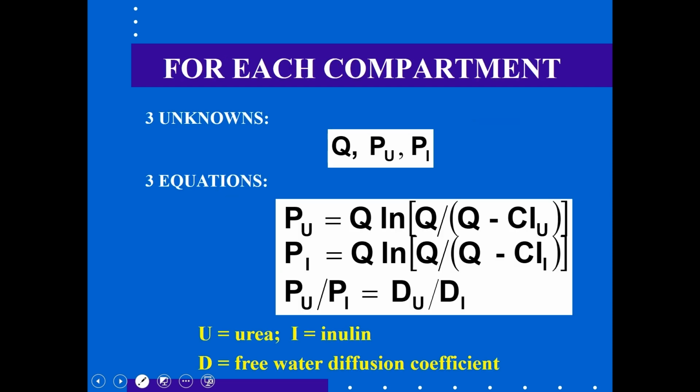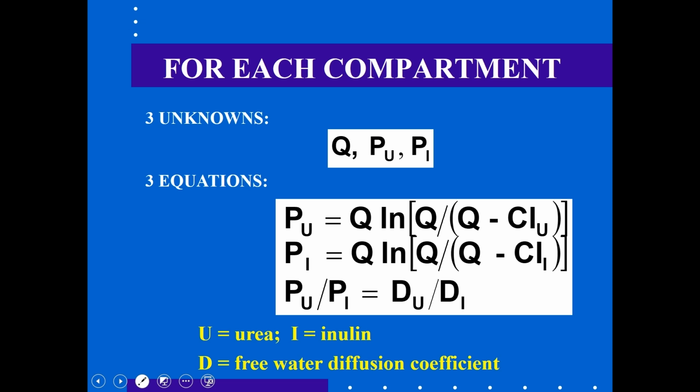In order to do that, we have to study urea and inulin simultaneously. In both cases, transcapillary exchange is the basis for the intercompartmental clearance. And we need 3 equations. So the first 2 equations are rearranged versions of the Renkin equation. And the last equation simply assumes that the transcapillary exchange of inulin and urea will be the ratio of those permeability coefficients.